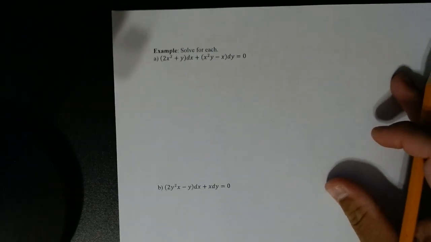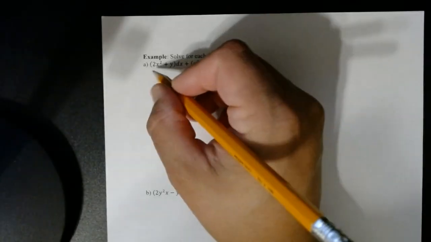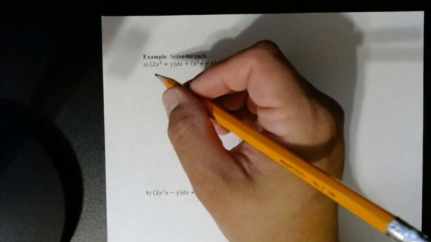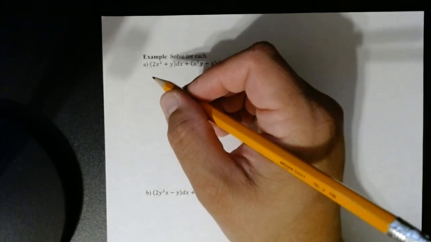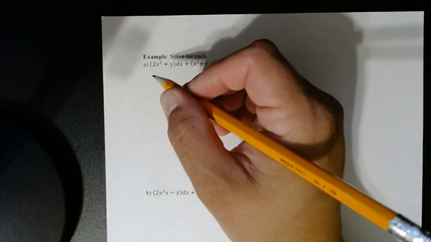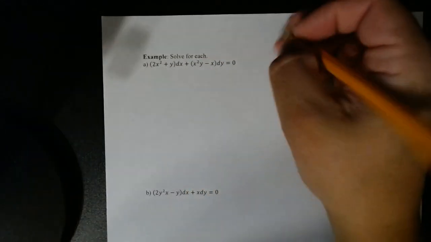Okay, so let's see how this would actually apply. Let me put this aside because I'm going to need this definition in a little bit. Let's first check that it actually doesn't work.